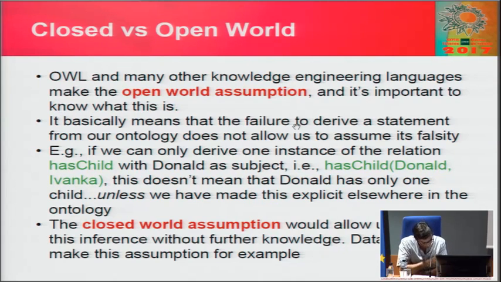So this is really an instance of the closed world assumption. But with OWL, we don't make this assumption, and therefore it's important to be as explicit as possible when you're trying to decide what you're going to put into your ontology and what you're going to exclude.